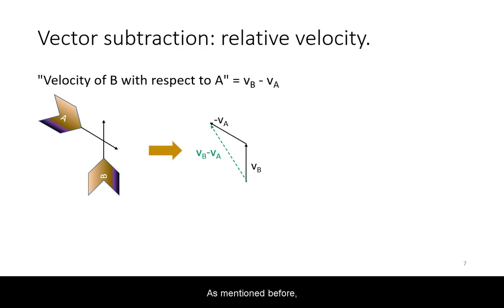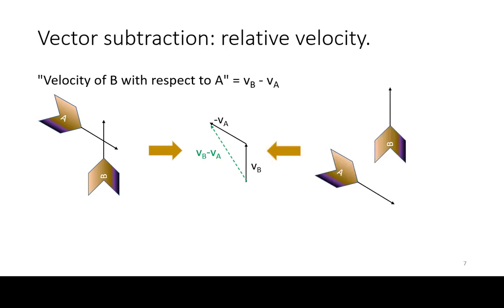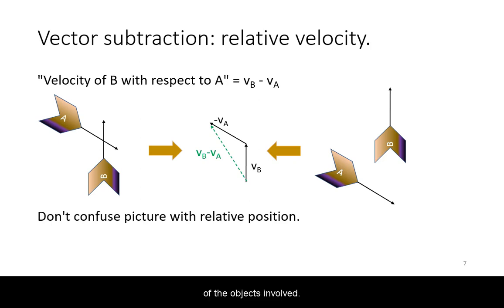As mentioned before, this is equivalent to adding the negative of vector a to vector b. Note that this subtraction is the same no matter the position of the objects involved.